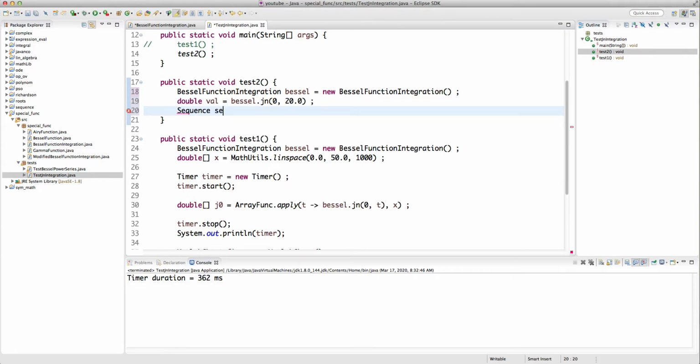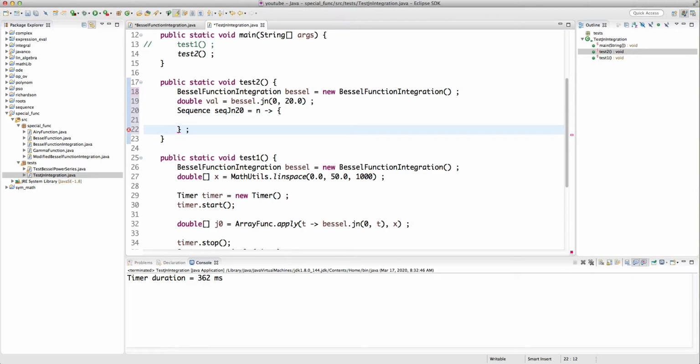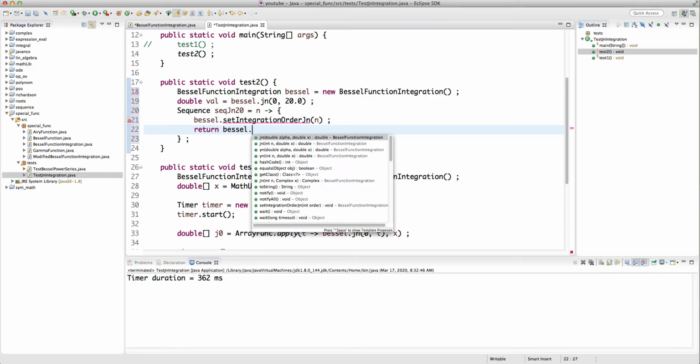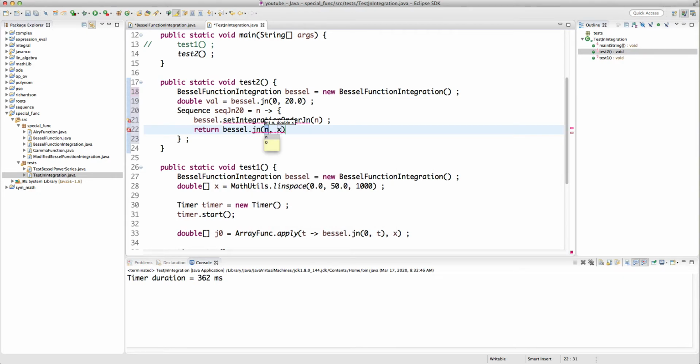So this is our sequence, seqjn at 20. And then n goes to what? So what I want to do here, I want to take my Bessel, set integration order to n, right? So I'm changing the integration order, and then return Bessel jn at order 0 at 20.